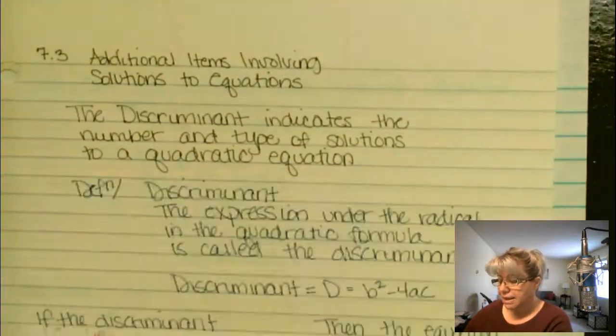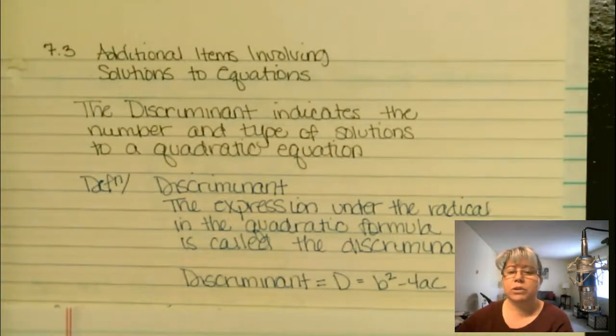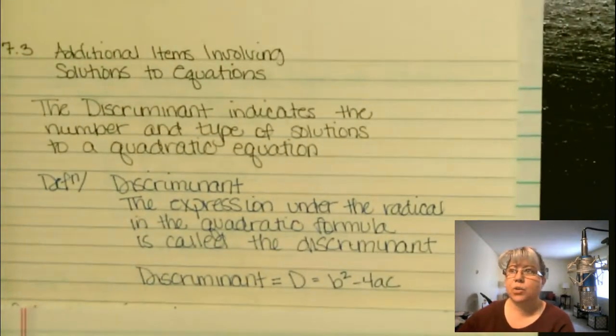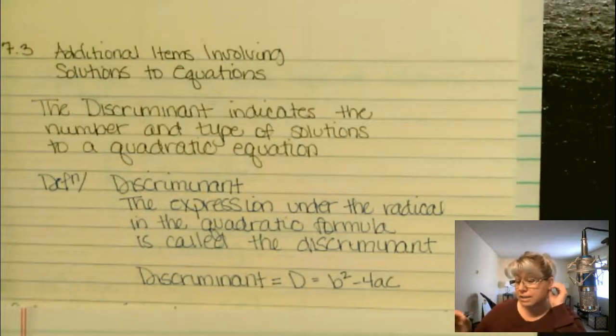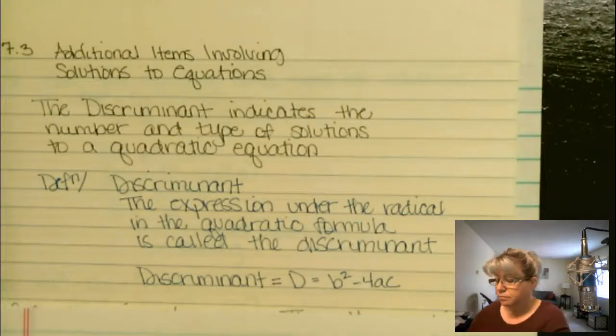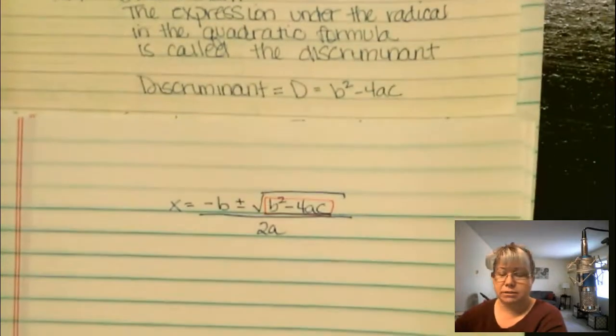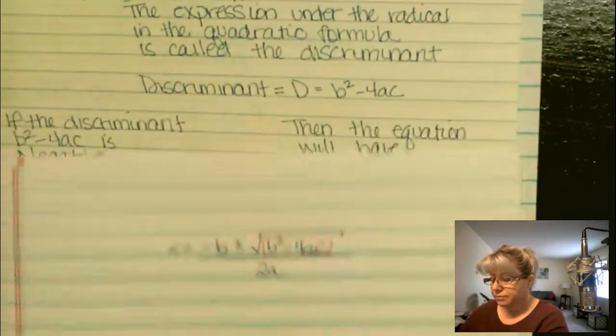So how does that help us? How in the world would that help us in realizing how many solutions we have and what type of solutions? Because that's under the radical. Here's what we have.